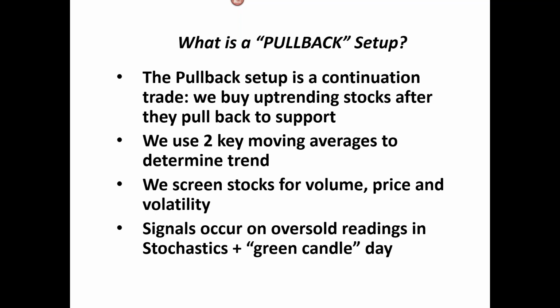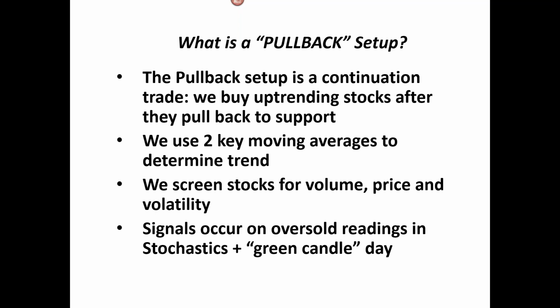Now, the stochastics indicator is a momentum, or what sometimes is called an oscillator indicator, which indicates when it's very low that the price of the stock is trading near the low end of its trading range over the past X number of days.